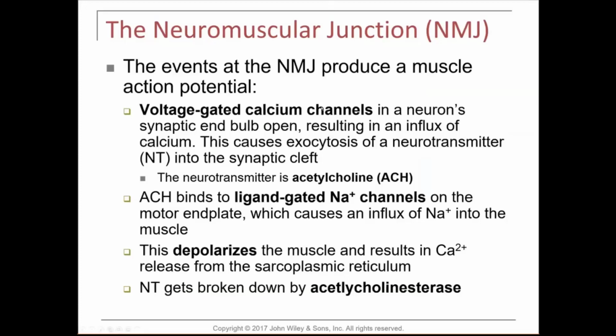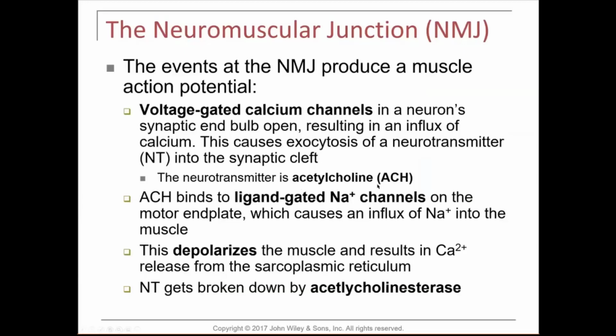But what I do want you guys to know is that calcium is involved here because, as we said, calcium is a signaling molecule. It was a signaling molecule in the contraction process in the muscle, but it's also a signaling molecule in the neuron itself. That neuron that's bringing that signal to the muscle also utilizes calcium in order to release what's known as the acetylcholine neurotransmitter. Okay, this is a huge neurotransmitter that I want you guys to be familiar with. If you break that term down, neurotransmitter, what it's doing is transmitting that neural signal from the neuron to the muscle fiber.